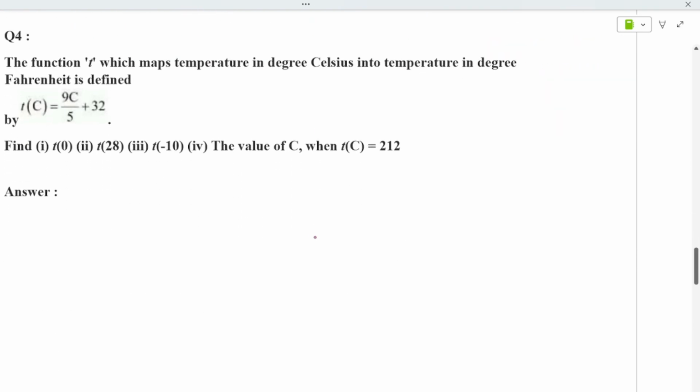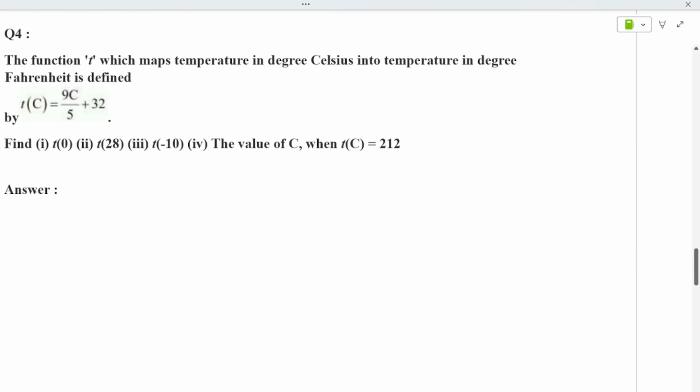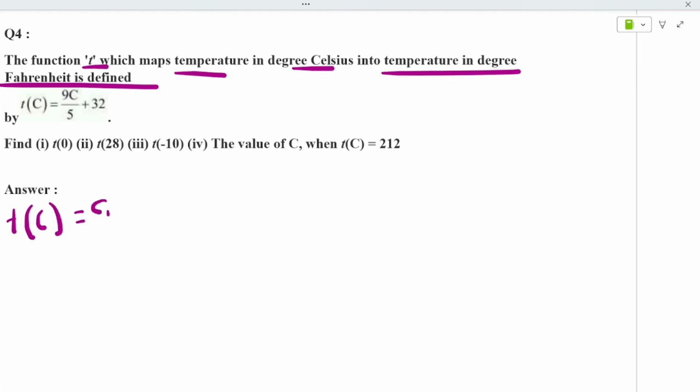Okay, now if we see the next question, they have given a function T, where C is the temperature in degree Celsius and T is the temperature in degree Fahrenheit. T of C is given as 9C divided by 5 plus 32. Now we have to find T of 0.